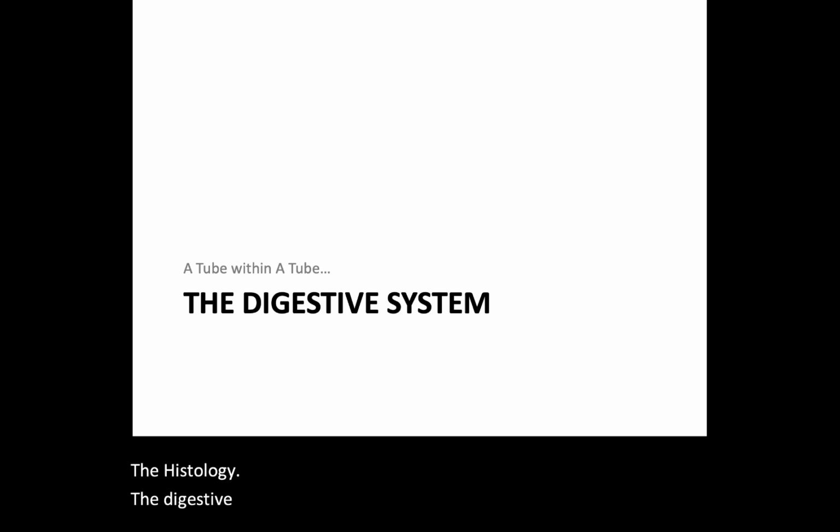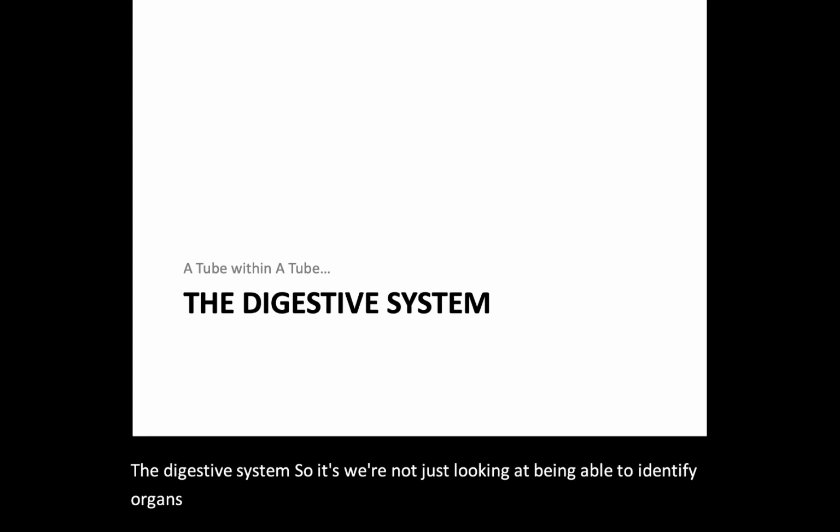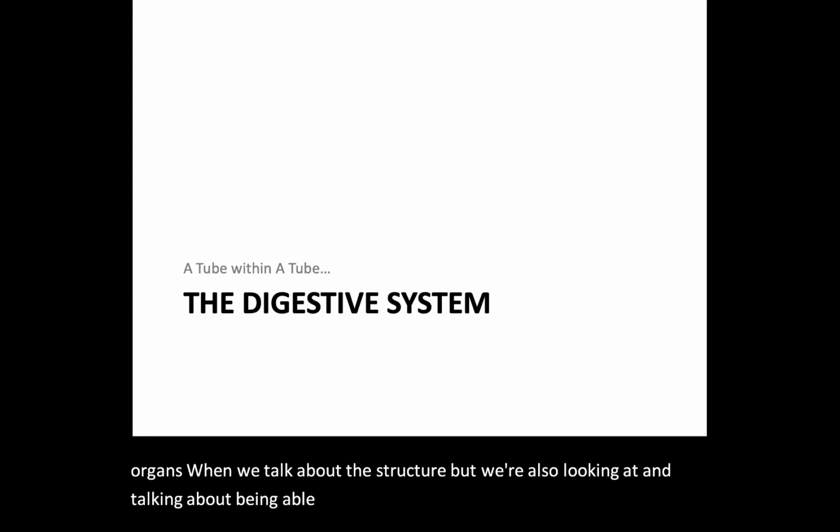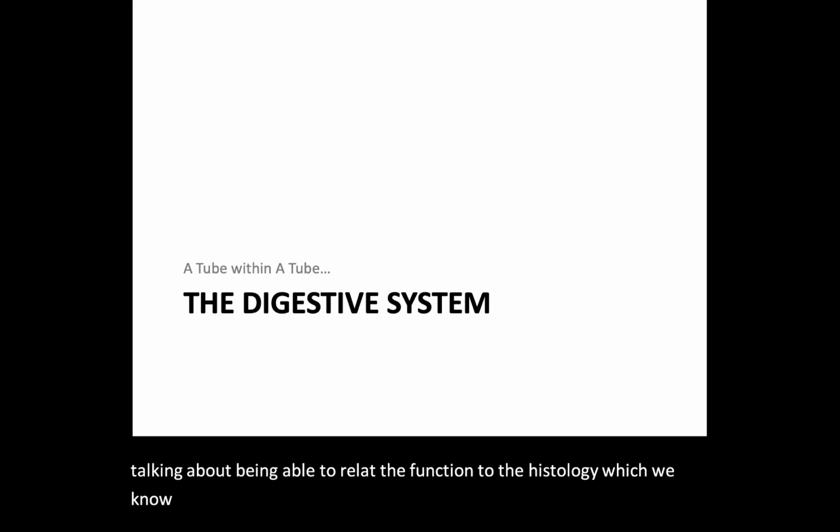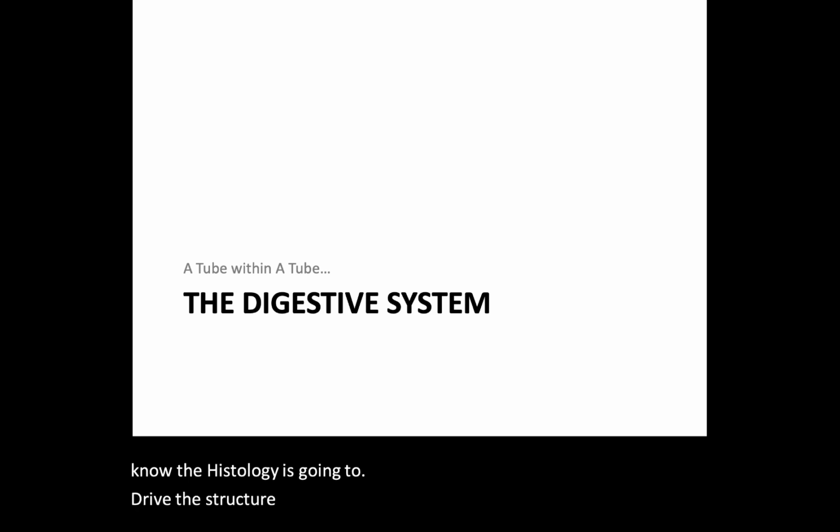So we're not just looking at being able to identify organs when we talk about the structure, but we're also looking at and talking about being able to relate the function to the histology, which we know the histology is going to drive the structure of the digestive system as well.